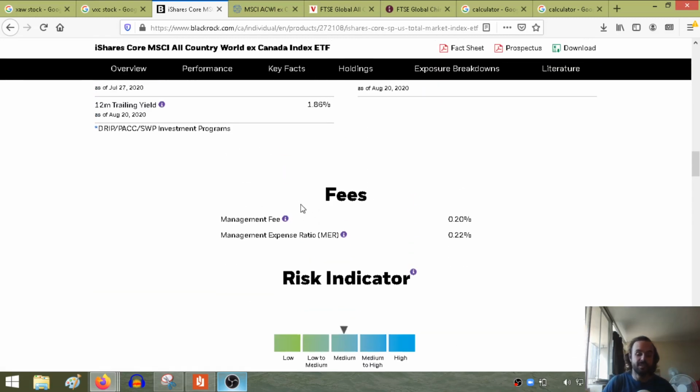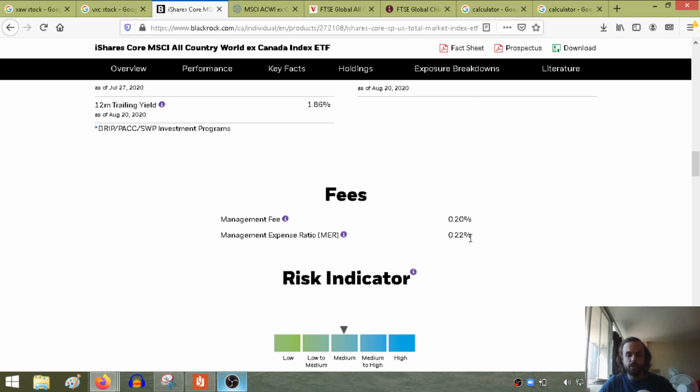Now, fees. This is where you want to, of course, be most aware, because the lower the MER, the more money you're ultimately keeping in your pocket. The management fee is what they pay to the companies, and the management expense ratio is what you end up paying after returns, and then you get what's left over, net expenses or after expenses. That's what that means.